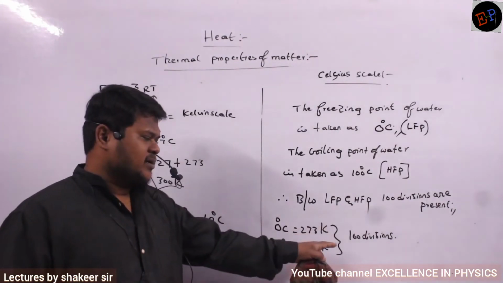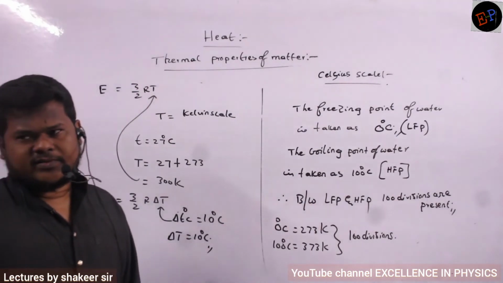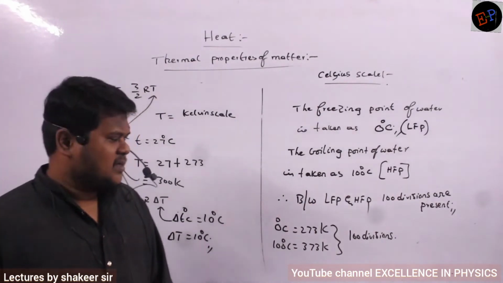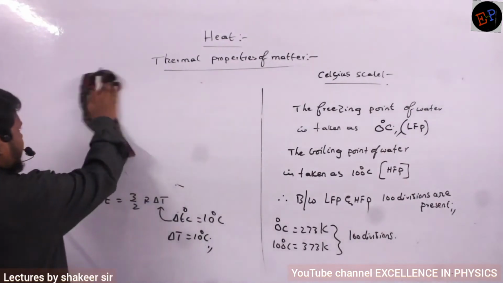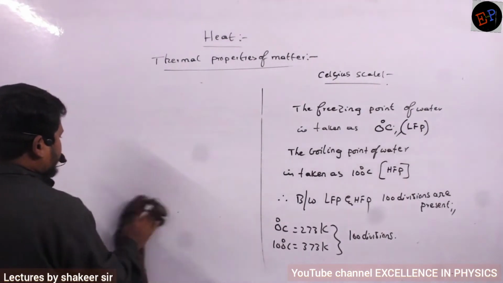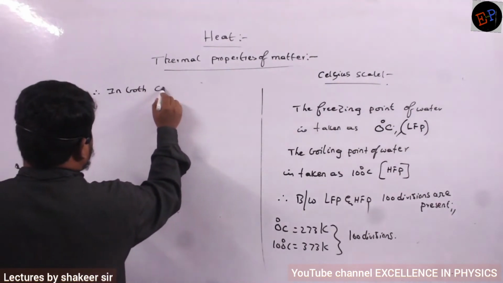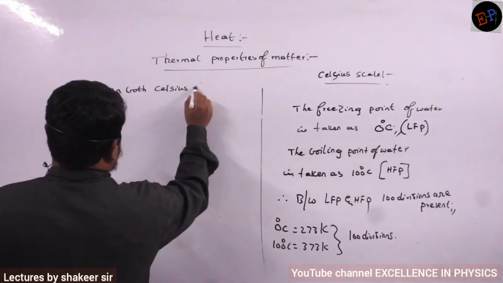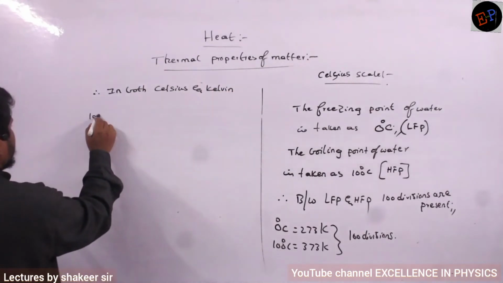It means 1 degree change in Kelvin is equal to 1 degree change in Celsius. That's what we have been discussing, no? Therefore, in both Celsius and Kelvin, 100 divisions are present.